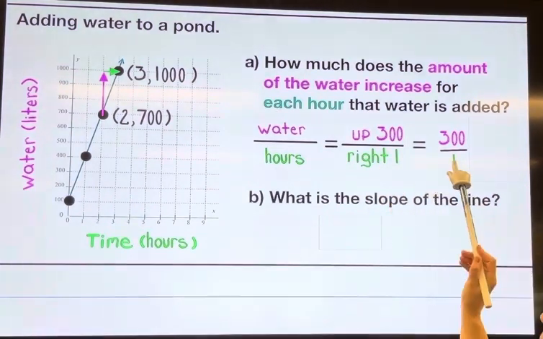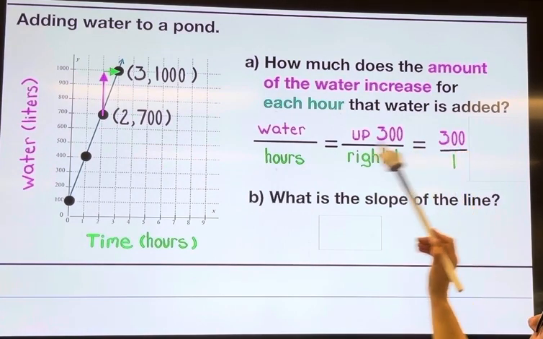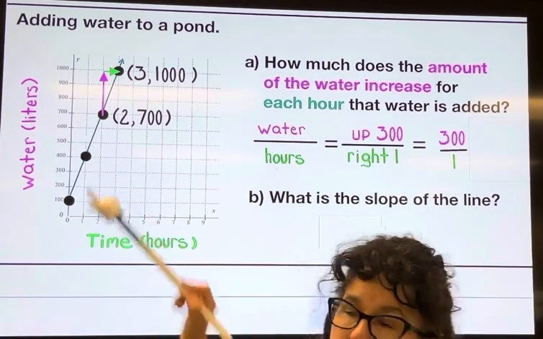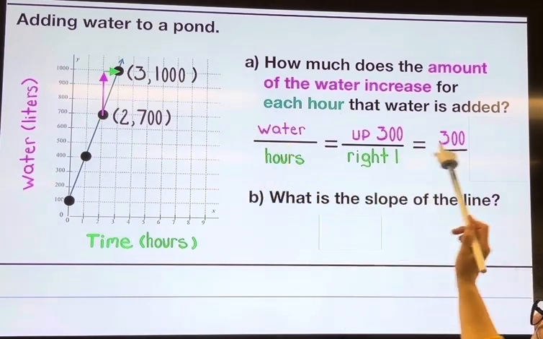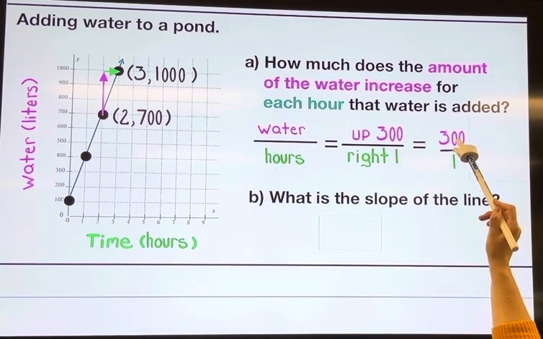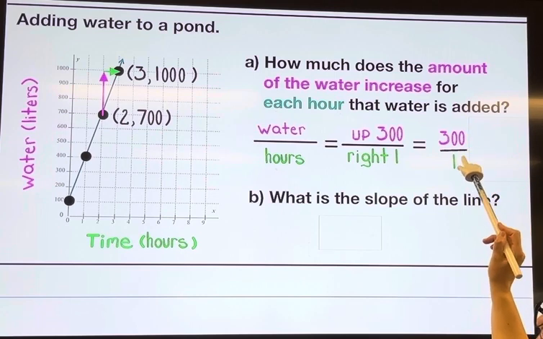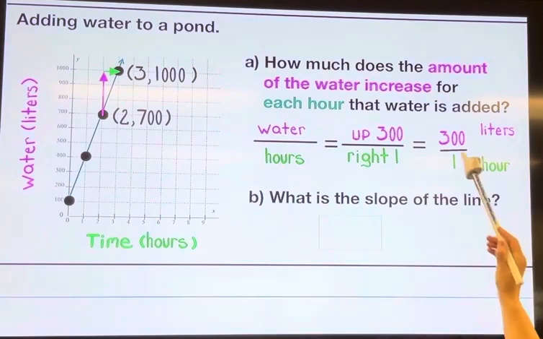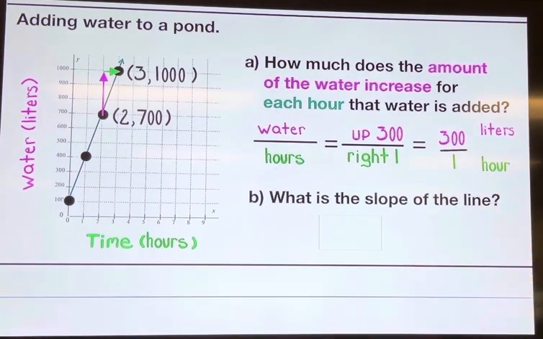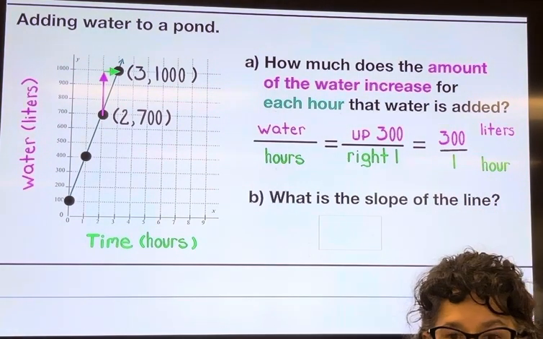And the meaning of this, the 300 was how much I moved up, so that's liters. And the 1 is how much I moved right, which is hours. So that is 300 liters per 1 hour. So 300 liters per 1 hour is how much it's increasing.